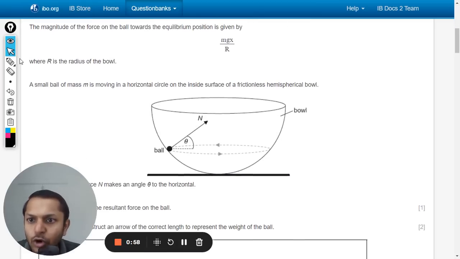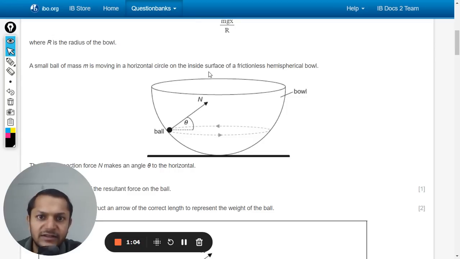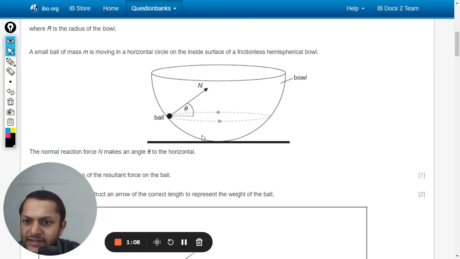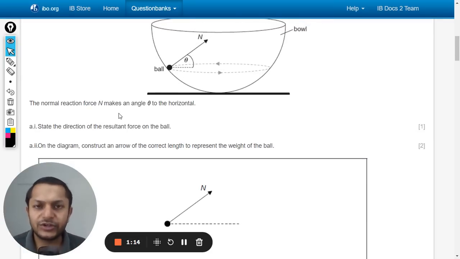Now, a small ball of mass m is moving in a horizontal circle inside the surface of the frictionless hemispherical bowl like this. The normal reaction n is this. So this is the second statement. Basically, because this is a paper 2 question, they have two questions which are superposed on each other.